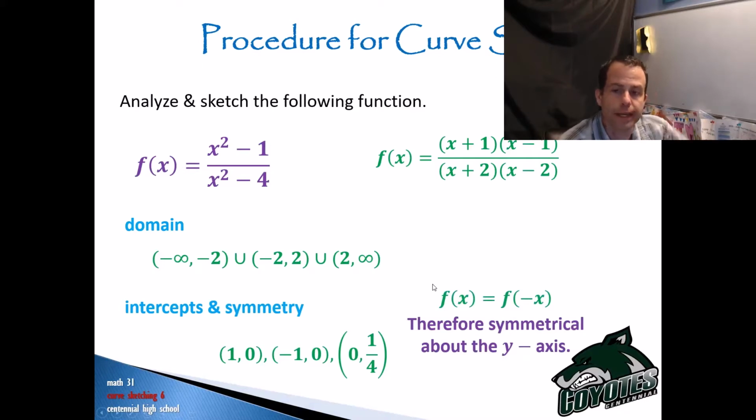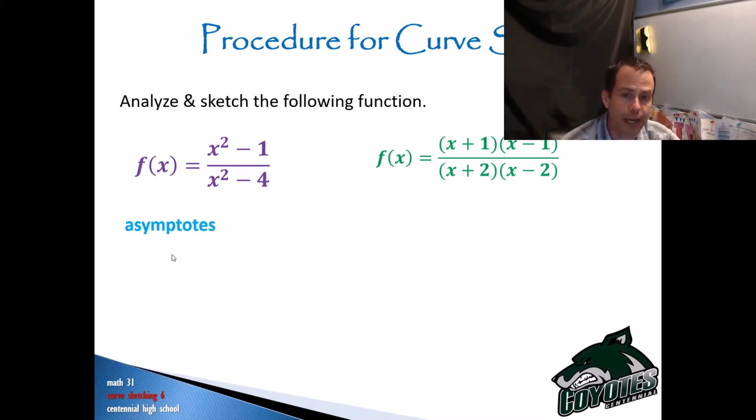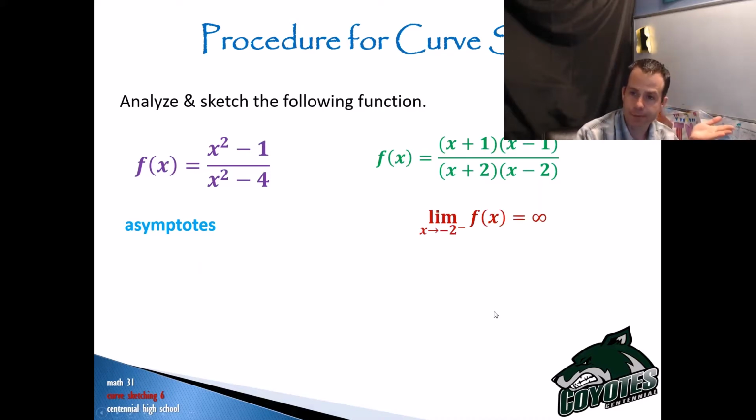Awesome. Okay, so now we're going to go into asymptotes. I know that for my vertical asymptotes, I want to test plus and minus 2. So I need to go to the left of negative 2 and to the right of negative 2, and look at the limit to the left of 2 and to the right of 2. I'll give you a sec to do that. We would find that the limit to the left of negative 2 is infinity.